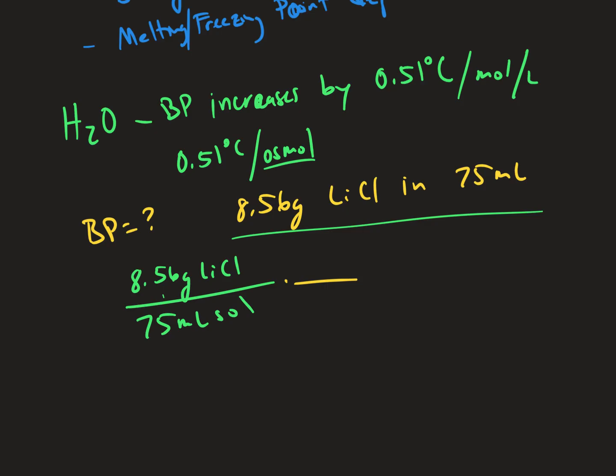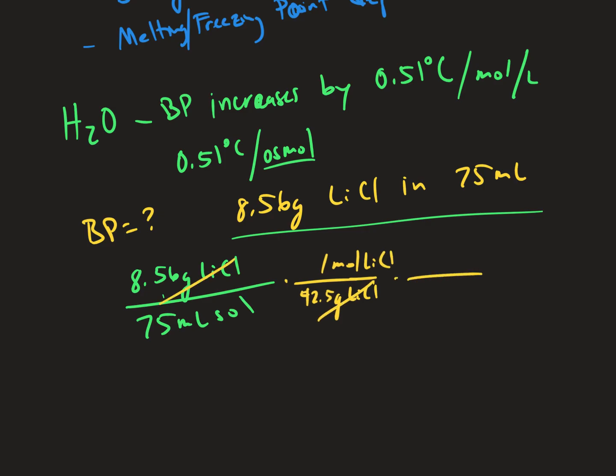Lithium has a mass of about 6.9, so 7. Plus chlorine is 35.5. So what is it, 42.5? Did I do that right? Grams of lithium chloride to 1 mole of lithium chloride.